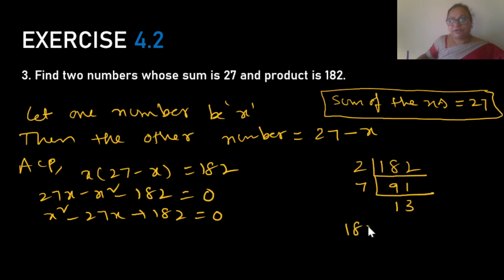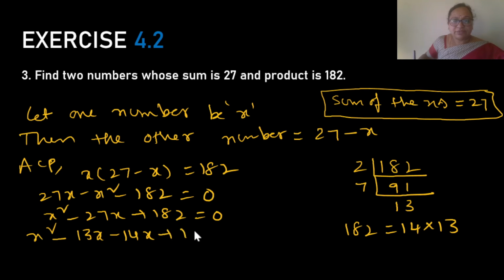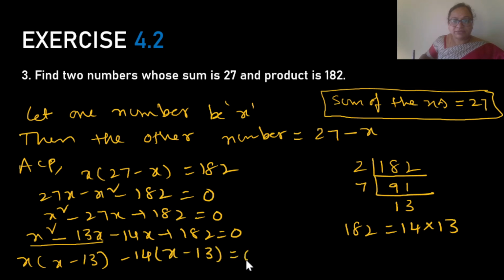So 182 is equal to 14 into 13. x square minus 13x minus 14x plus 182 is equal to 0. x minus 13, minus 14, if you take common factor, x minus 13 is equal to 0.